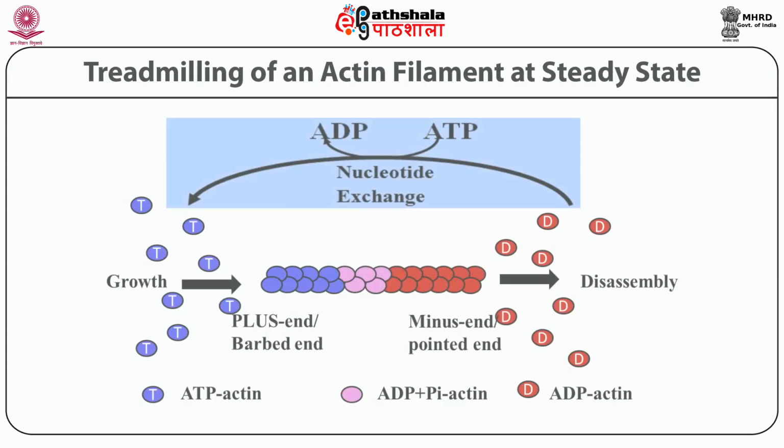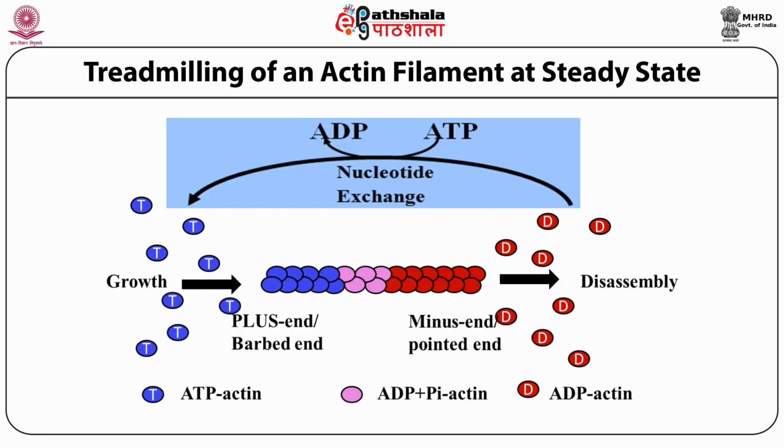At steady state or stationary state, this process where actin is attached and detached is also called treadmilling. At the barbed end, actin is attached when it is bound to ATP. So ATP-actin is added at the barbed end, and as the length of the polymer increases, somewhere in the middle the ATP is hydrolyzed.